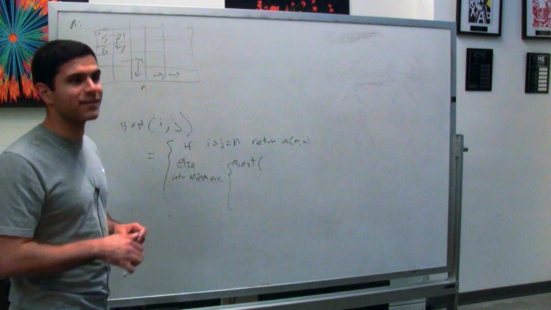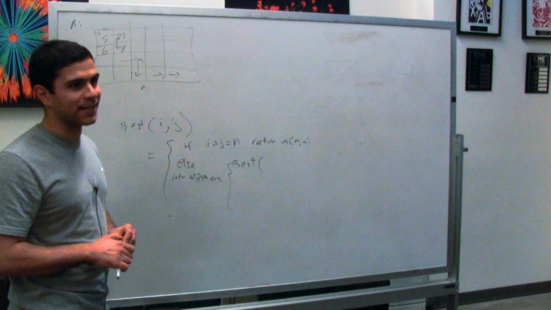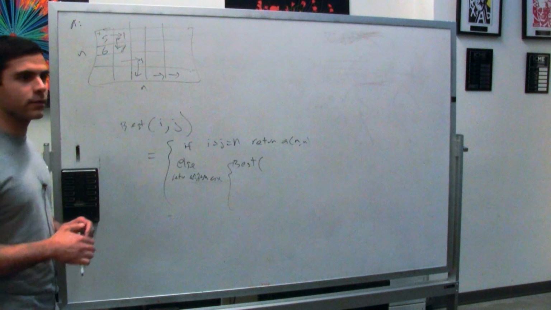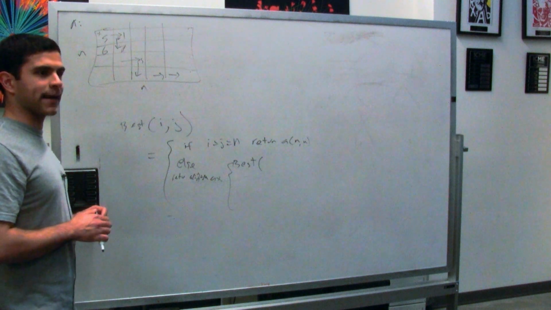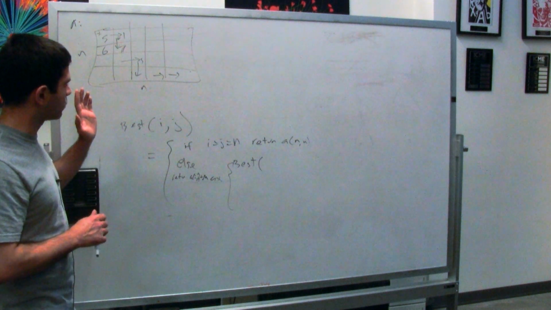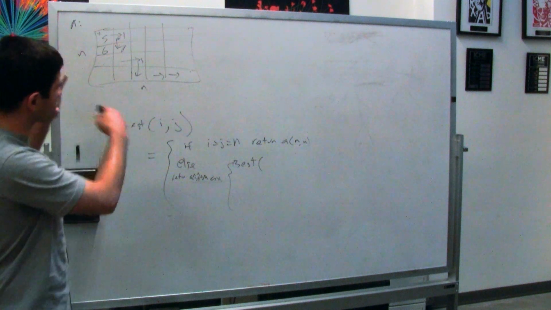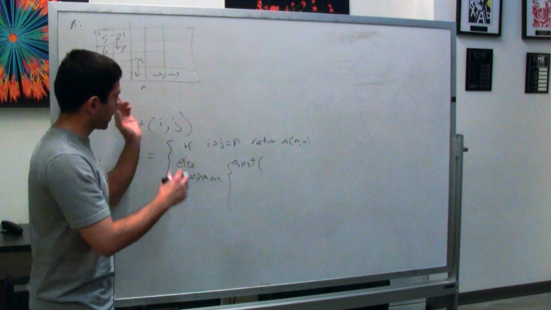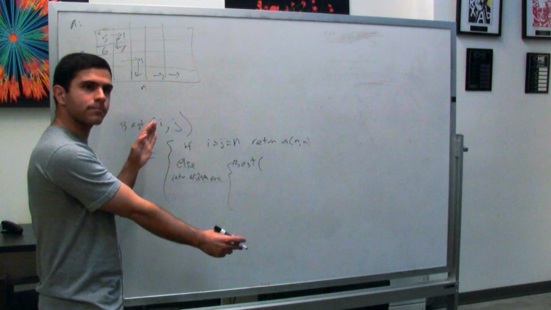So that's what I really wanted you to say, is that one of the ways to write down the recursion is to turn the subproblems into the problem that is starting at ij, what's the best you can do to get to nn.